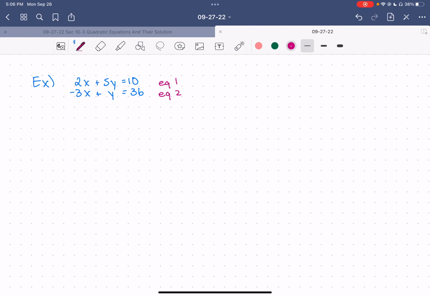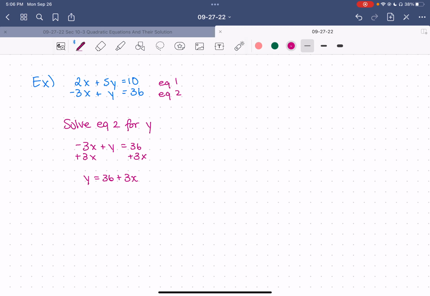And you'll see it's really easy. So I'm going to solve equation 2 for y. So -3x plus y equals 36. I'm going to add 3x onto both sides, and I get y equals 36 plus 3x.